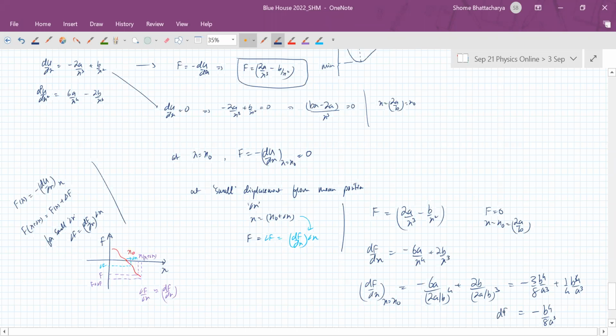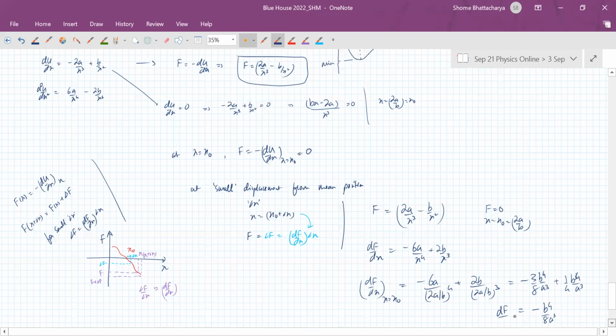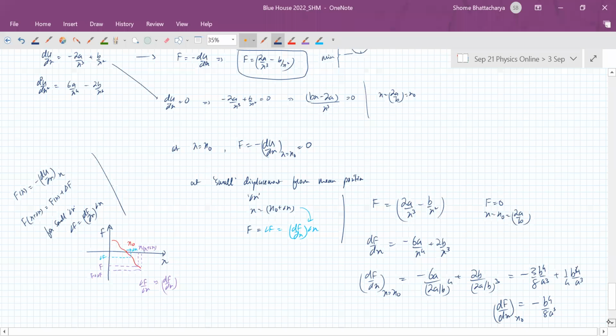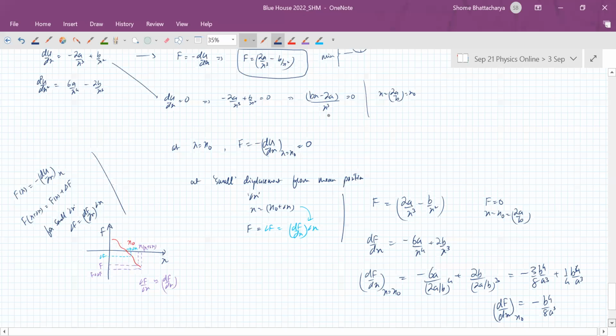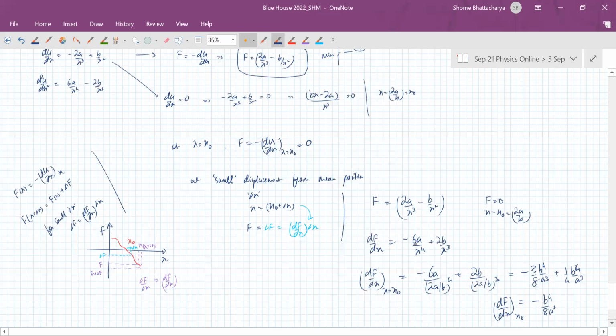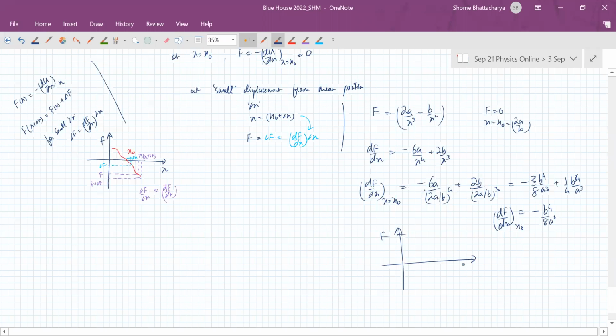So this df by dx that we are getting now at that equilibrium position, if you think about it graphically, you have some sort of a graph between f and x, which at the point x0 is going like this. But if I take a very small region, you can approximate this as a straight line graph.